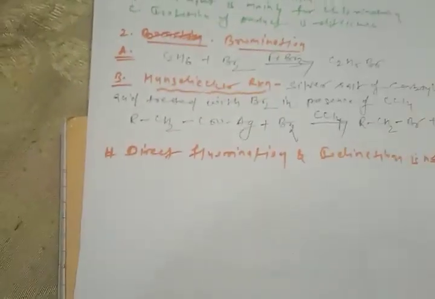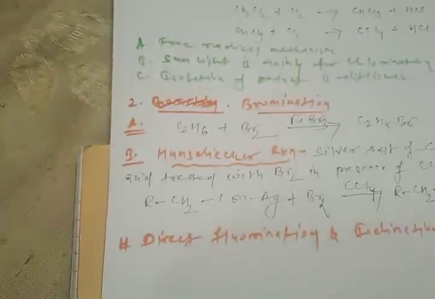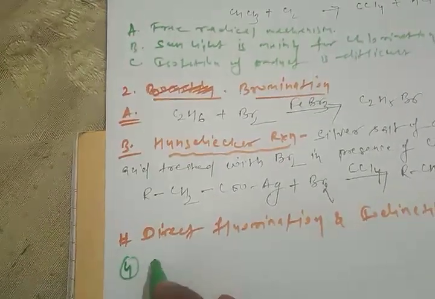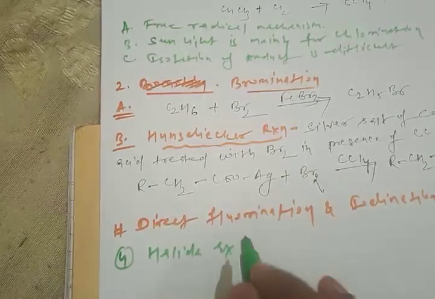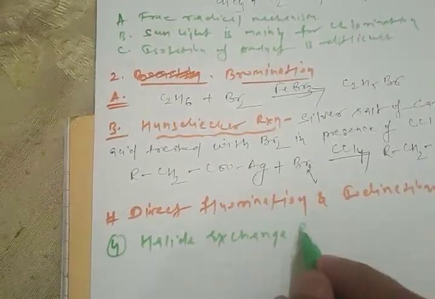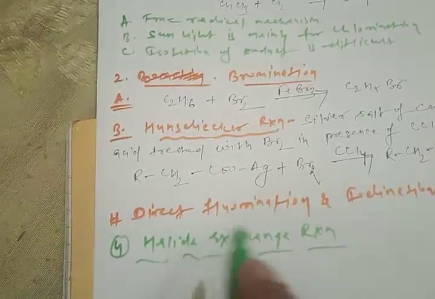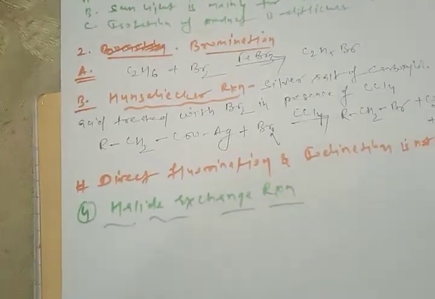Here we are talking about the halogenation of alkanes. So now the next, the fourth method, is the halide exchange reaction. What happens in a halide exchange reaction?